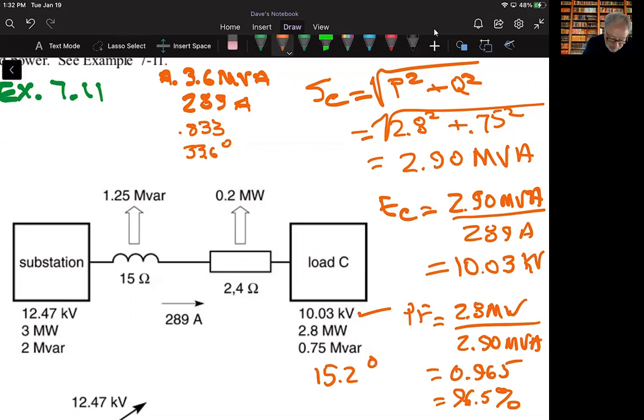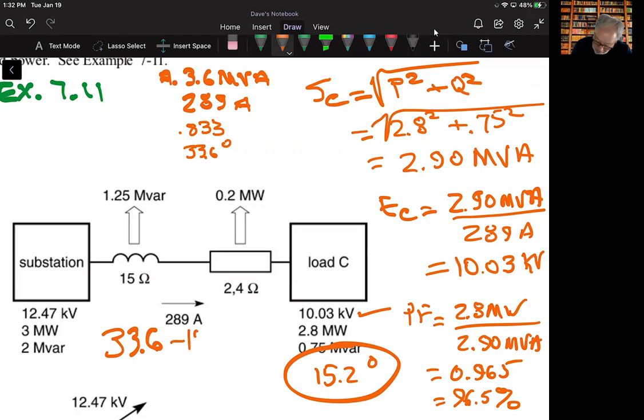And so he says that it follows that the phase angle between the voltage at the substation, so this is load related, right, and that at the load has gone from what we initially calculated as 33.6. Now we subtract this 15.2.